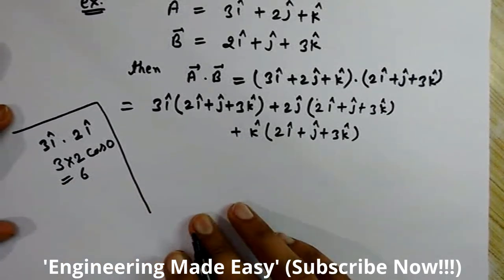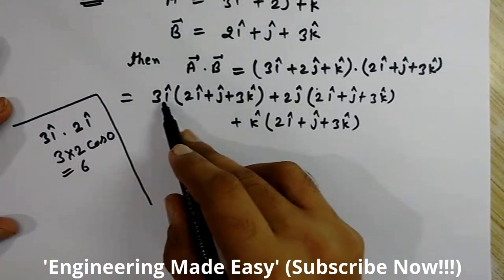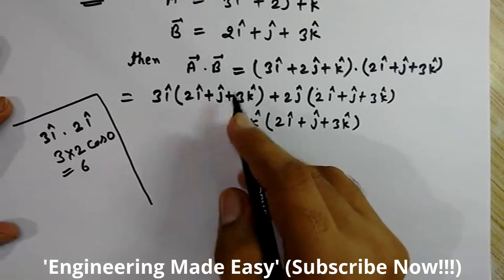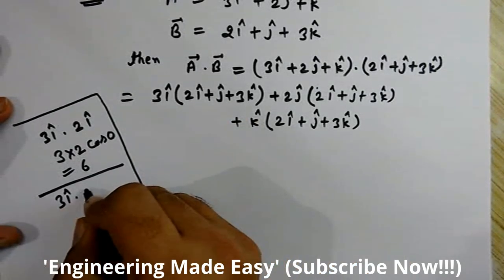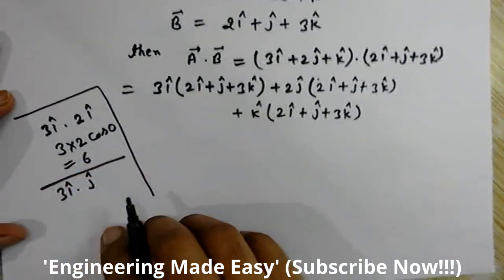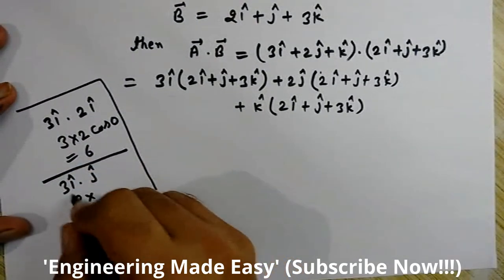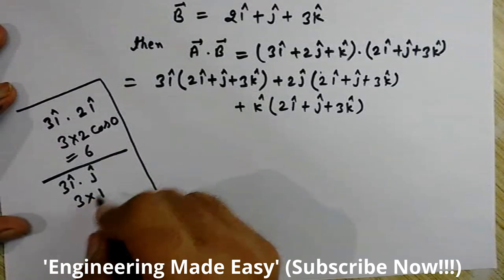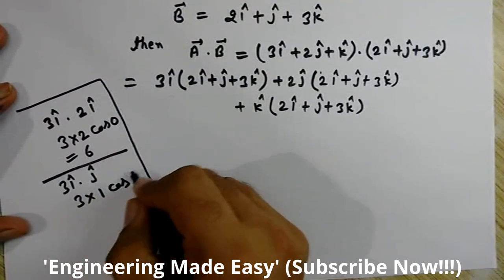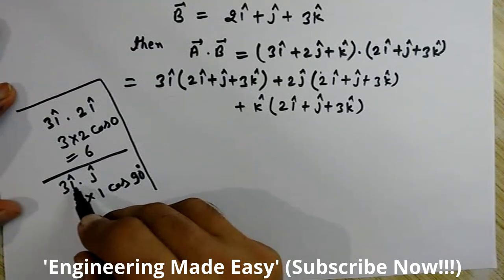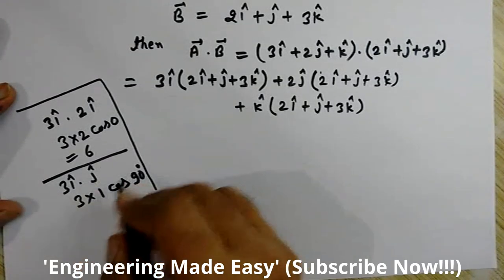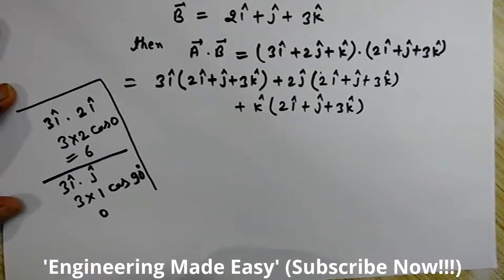But when I multiply this 3i cap with this j cap, it is the magnitude of this vector multiplied by the magnitude of this vector into cosine of the angle between these two vectors, which is 90 degrees. i cap is along the x-axis, this is along the y-axis, so it would give us 0.